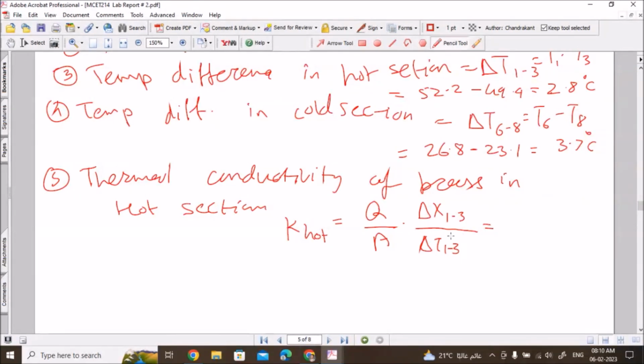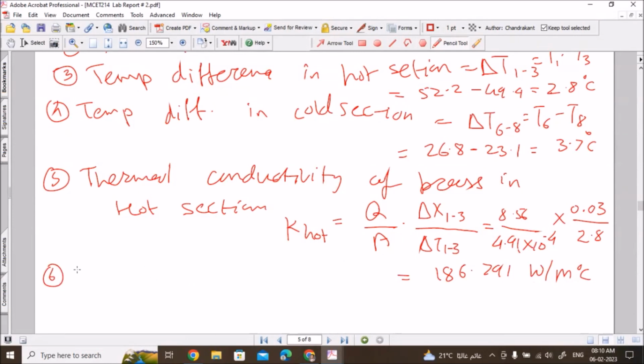So I can put the values. Q is... 186.791 watt per meter degree centigrade.